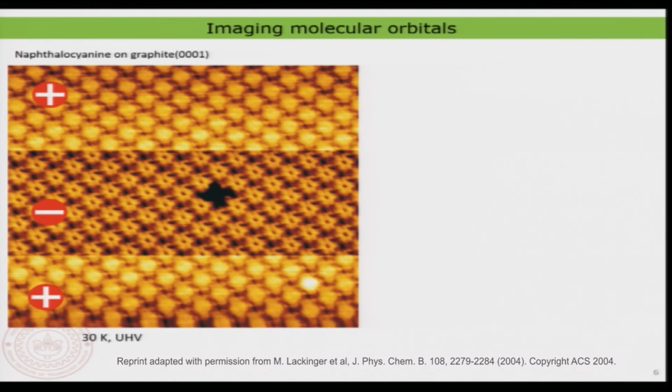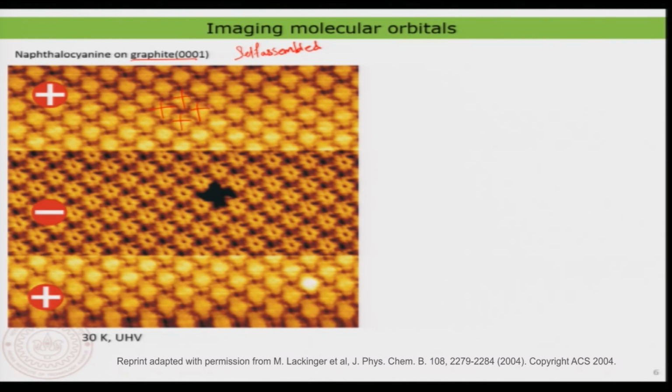Now, let me also just show you the self assembly. What you are seeing is a self assembled layer of the molecule, again on graphite. This is again that naphthalocyanine, the same molecule as you have seen in the previous slide, and now they nicely self assemble like this. You can see this is something that we have expected.